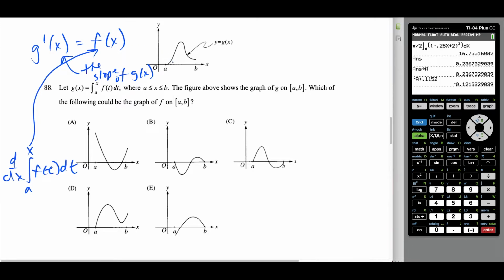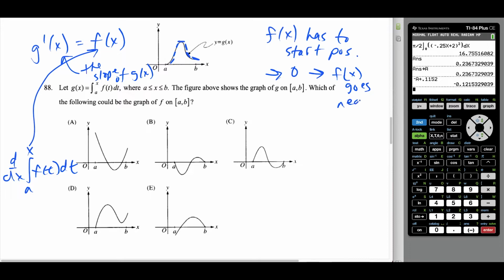Notice my slope of g of x starts out positive, so f of x has to start positive, and then it goes to 0. Eventually the slope of g of x is negative, so that means f of x goes negative.